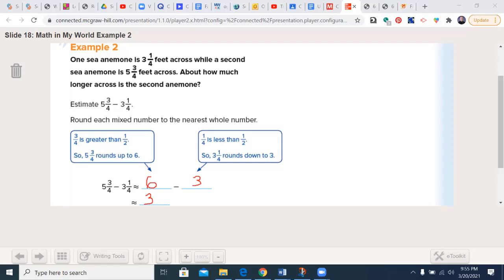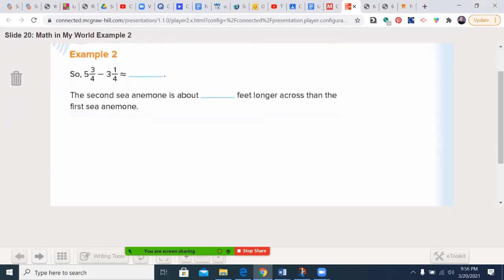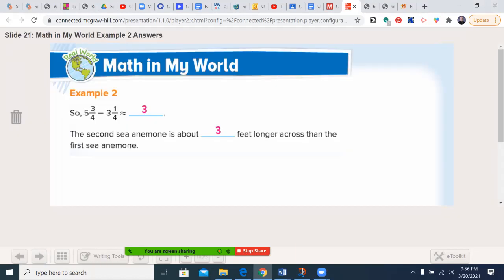I'll give you a few seconds and I'll bring up the rest of this page and clear it. And I'll just bring this up here because it's just writing the same numbers again. And we got the 3 and 3. Hopefully this is making good sense to you.